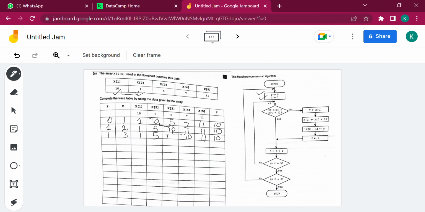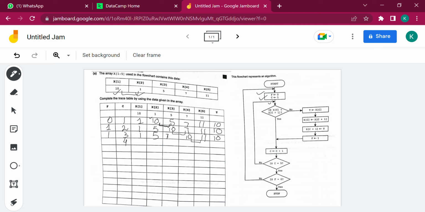Okay. Now c is equal to c plus 1, it's 4 now. And is c equal to 5? No. Again, we are proceeding through this line and we are going to compare the next two values, 10 and 11. Is x of c, meaning 10, less than 11?